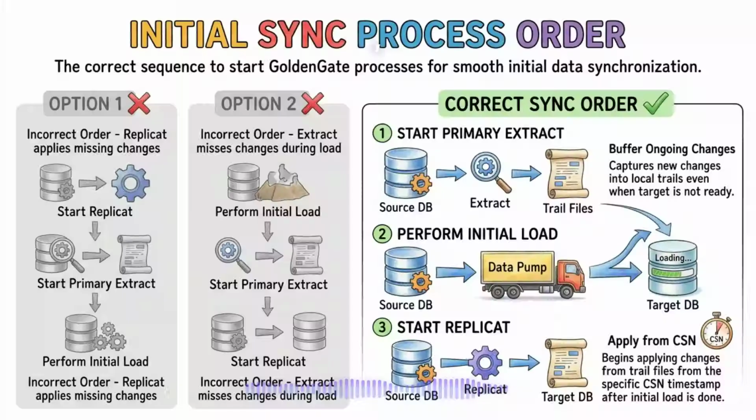Now let us move across the network to the delivery side and examine the Replicat process, which is responsible for applying the captured changes. The Replicat process constantly reads the remote trail files waiting on your target server and translates the universal GoldenGate data back into native database commands.